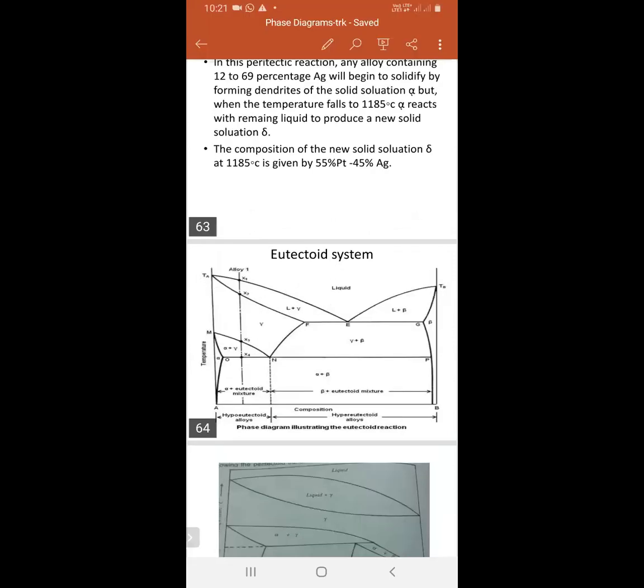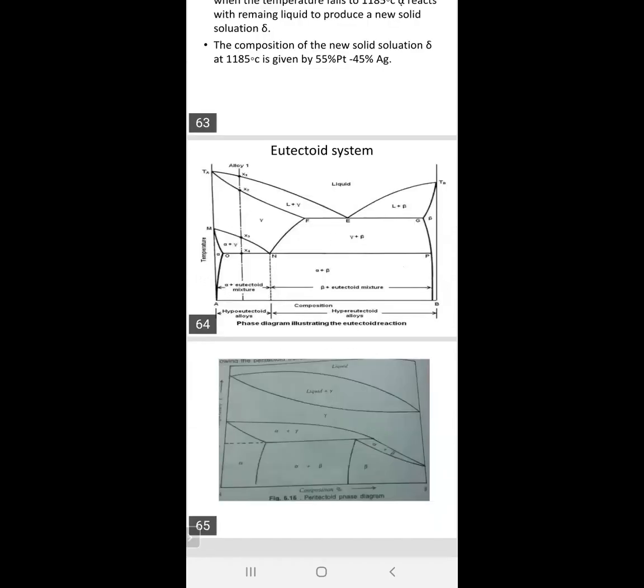Okay. Here, in the eutectoid phase system, can you tell where exactly the transformation takes place? In this one, a single solid solution phase gives two solids.